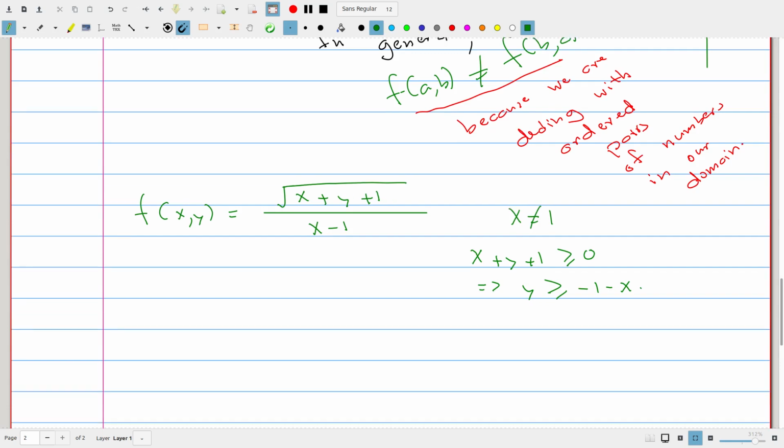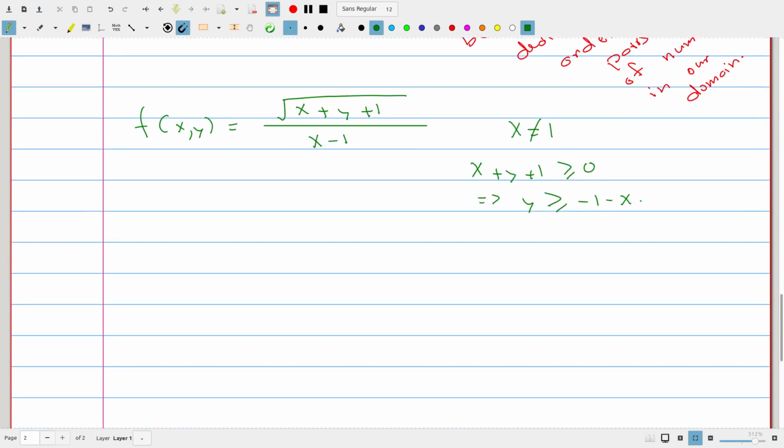So the domain of f(x, y) is all ordered pairs (x, y) in R2, with the condition that x is not equal to 1 and y is greater than or equal to negative 1 minus x. So that is the domain.